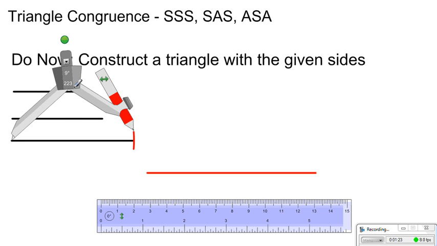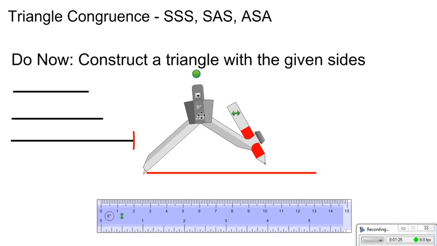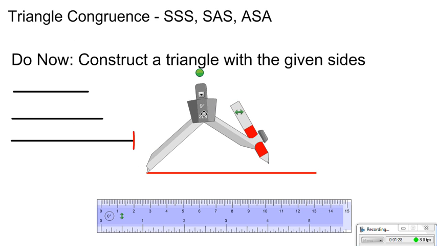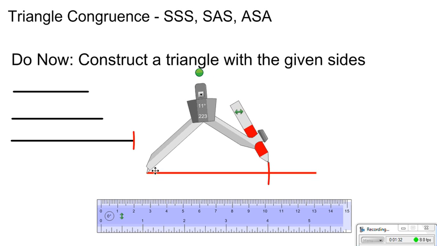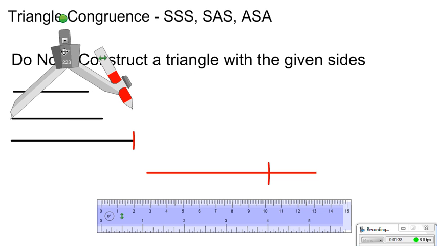As I mark that, I know that is the length of the first line segment. I go right here and use the length. So my first line segment is about this much long.